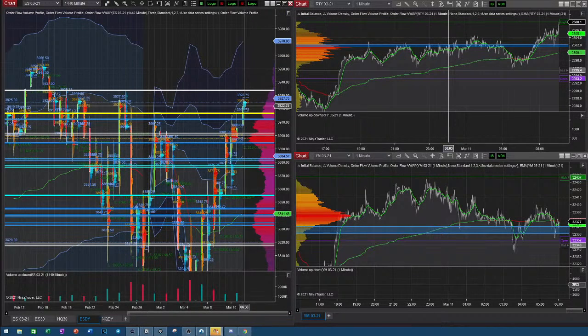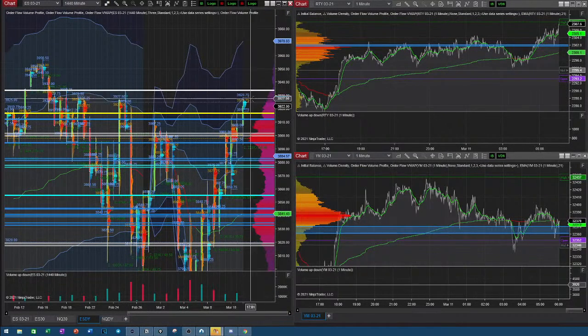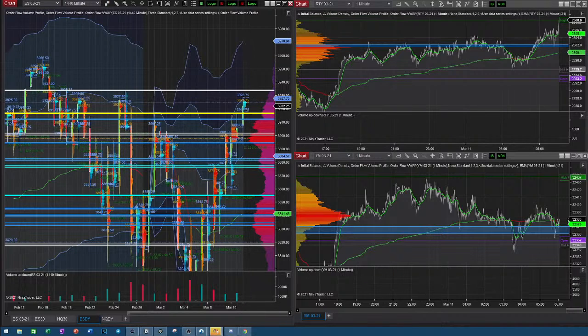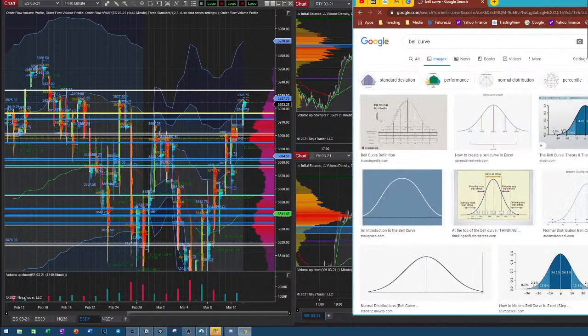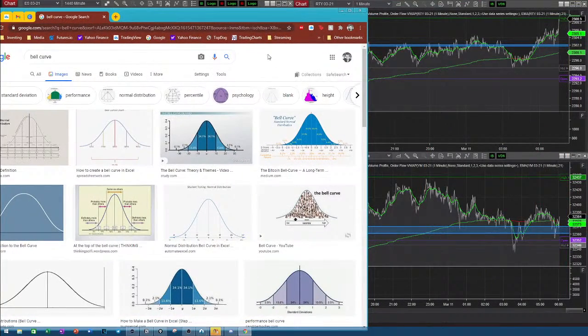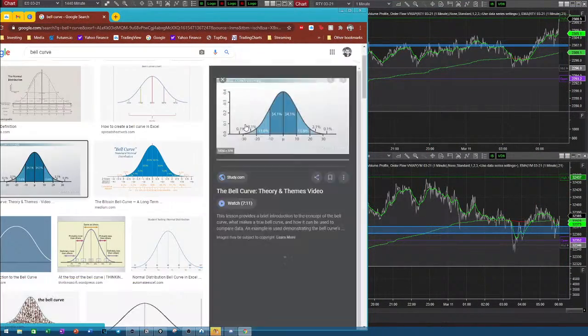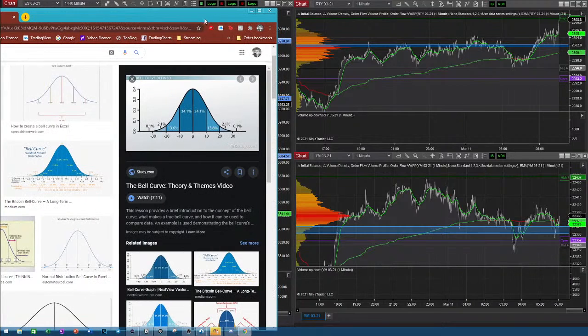And then note that we are on the weekly VWAP, we are at 2 standard deviations. If you know anything about statistics, you might have seen something called a bell curve before, otherwise known as a standard distribution. What a bell curve basically means is it takes all of your statistics and breaks them down into standard deviations.